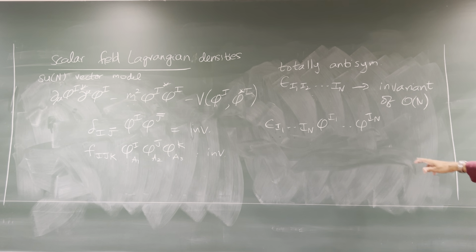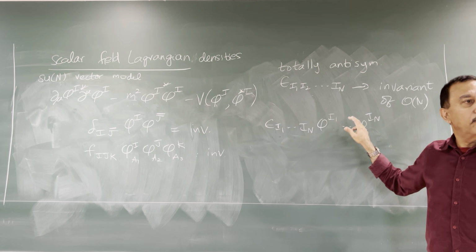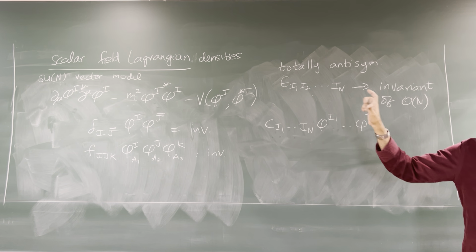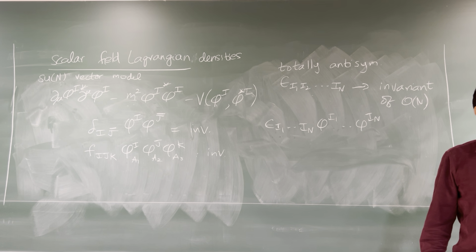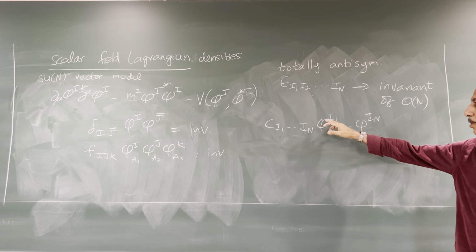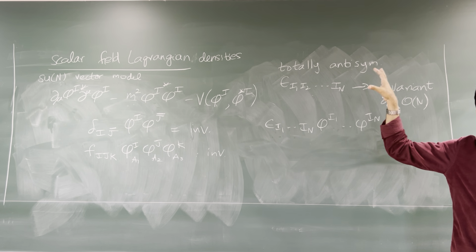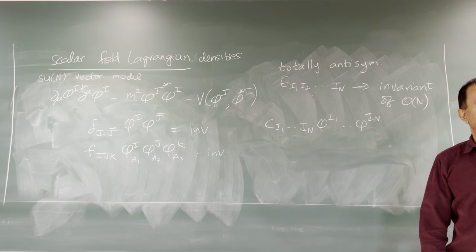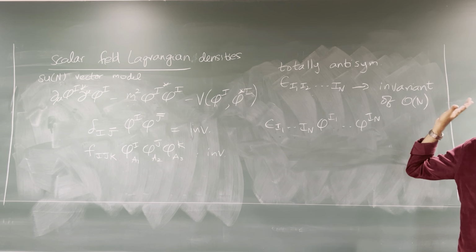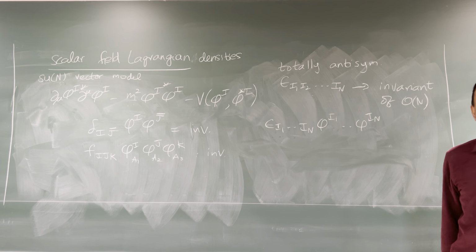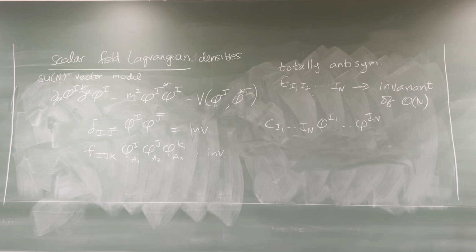So if I had different species here, then they could have different masses, each of which would be separately ON invariant. The first species would have phi I as its mass term. Second species would have phi I, but with a different m in front of it. So I don't need to have all of them of the same mass. So that would make them species. Okay, more next time. Thank you.